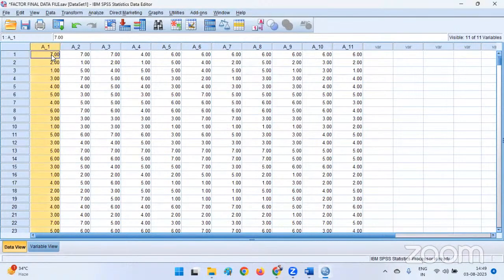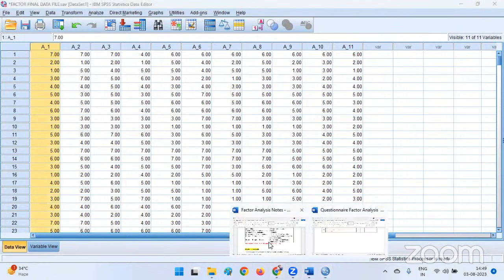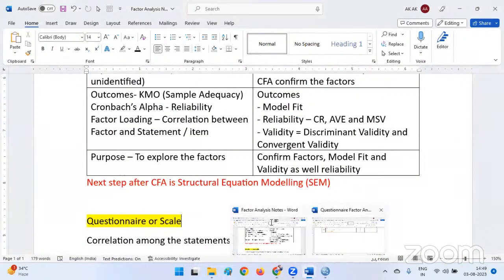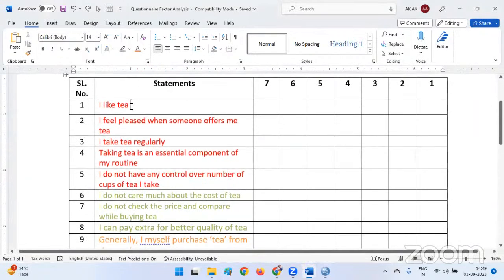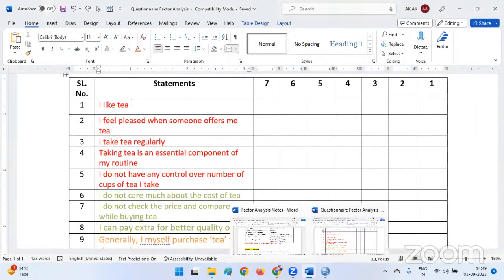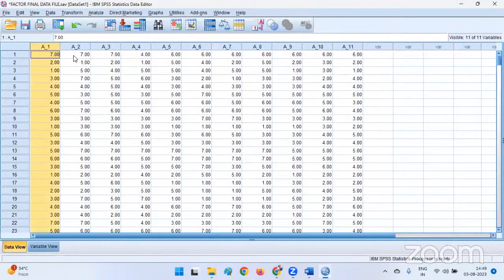This data is for statement 1, I like tea. This data is for statement 2, column 2. Statement and variable are one and the same thing. So variable 1, variable 2, variable 3, up to variable 11.